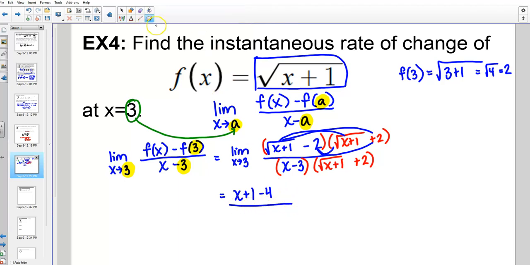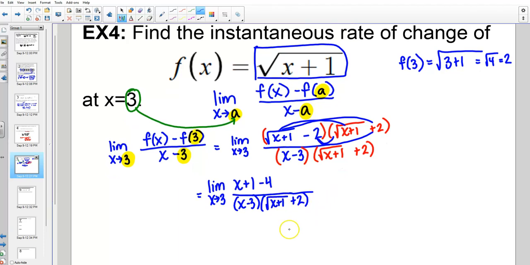Oh, and I'm being lazy. I need to keep my limit notation. And then in the bottom, don't multiply that together, because you want something to cancel, so you want it to be factored out. Okay.